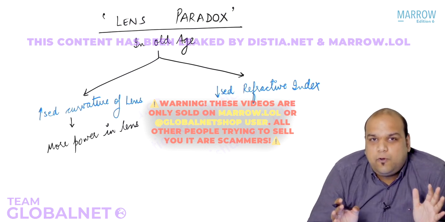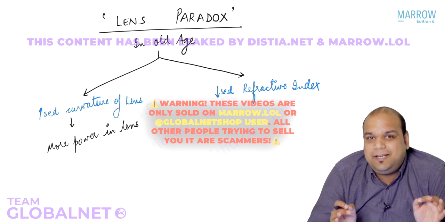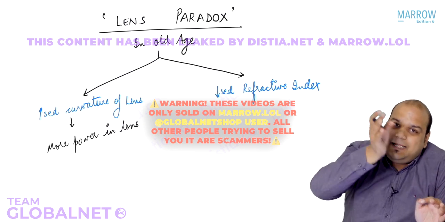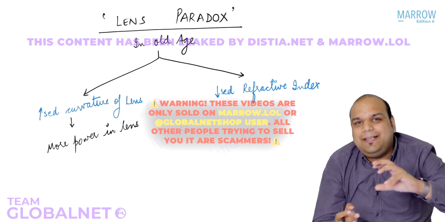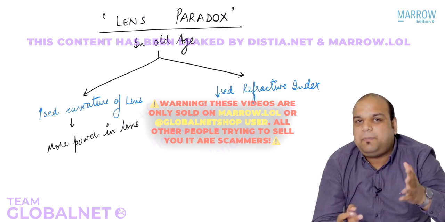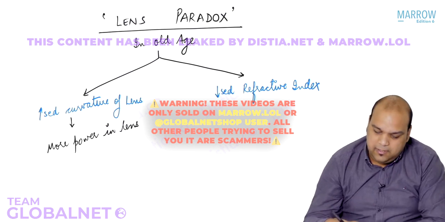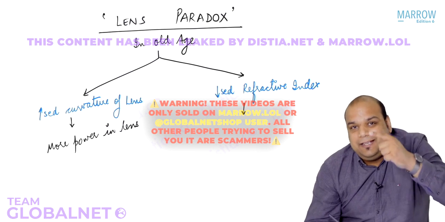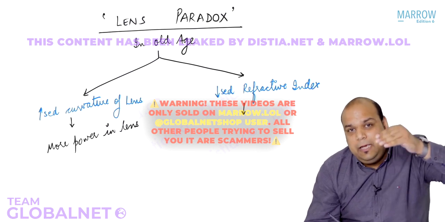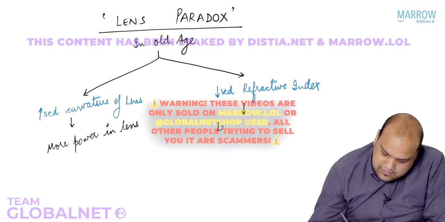The same fundamental is followed in accommodation, everybody. That when the curvature of the lens will increase, the power will increase. So with age, a slight increase in curvature is seen, so slight increase in power is seen. But there is decreased refractive index. Refractive index, if it decreases, the power of the lens will actually decrease. So there is less power in lens.